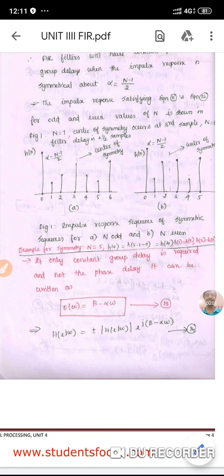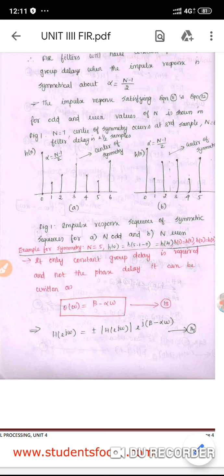Alpha is nothing but the delay in samples. So if alpha is equal to 3, then the filter delay is 3 samples. Similarly, if you take N is equal to 6, that is an even number of samples, then there will be samples 0 to 5. So alpha is equal to N minus 1 by 2, that is 6 minus 1 by 2, which is 2.5.